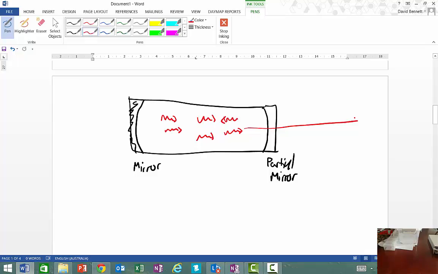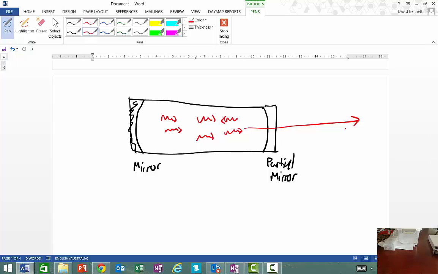Alright, so the idea of the mirrors is to allow the photons to bounce back and forth until they have enough energy to go through the partial mirror. And obviously, while it's in the tube, we're actually stimulating more photons all the time by our stimulated emission process. So once it gets to that critical mass, critical energy, then you get a very, very highly directional beam of light.